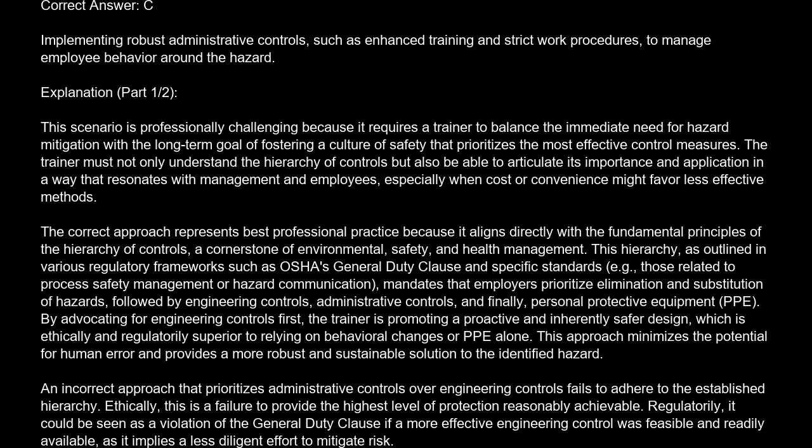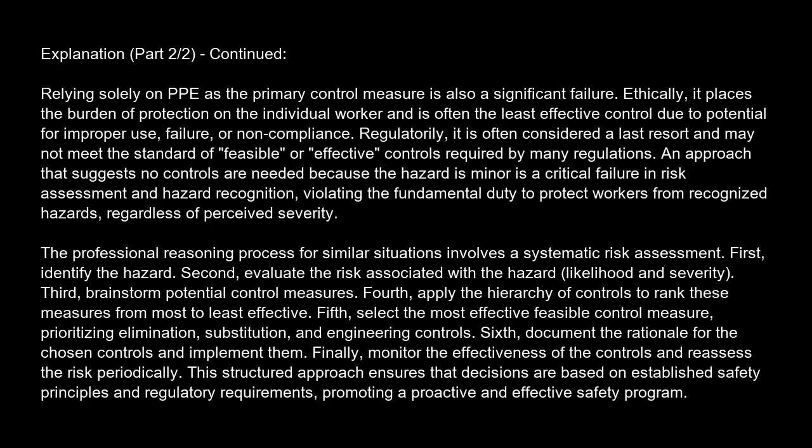An incorrect approach that prioritizes administrative controls over engineering controls fails to adhere to the established hierarchy. Ethically, this is a failure to provide the highest level of protection reasonably achievable. Regulatorily, it could be seen as a violation of the General Duty Clause if a more effective engineering control was feasible and readily available, as it implies a less diligent effort to mitigate risk. Relying solely on PPE as the primary control measure is also a significant failure.